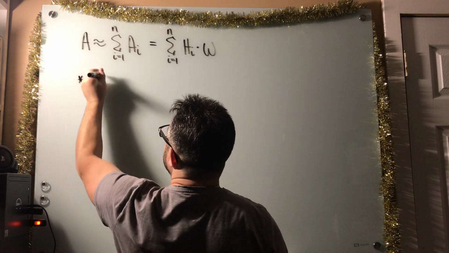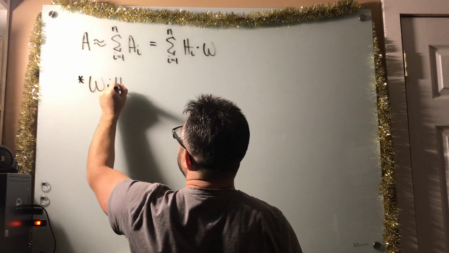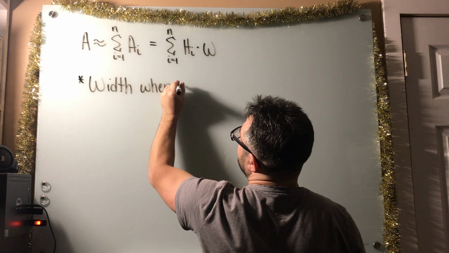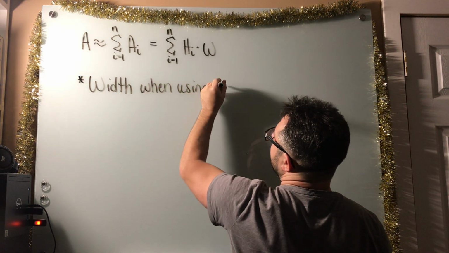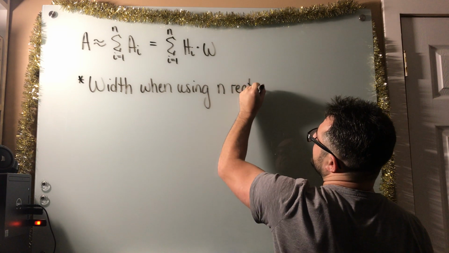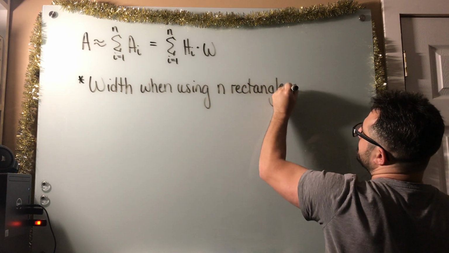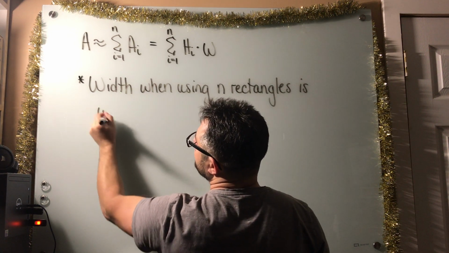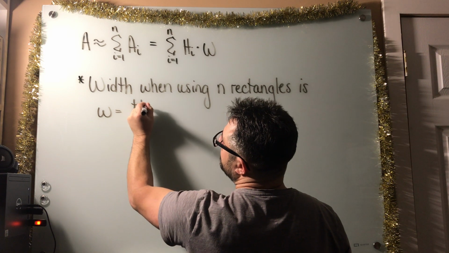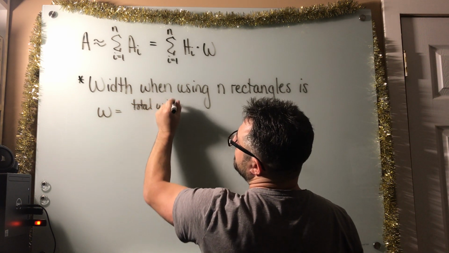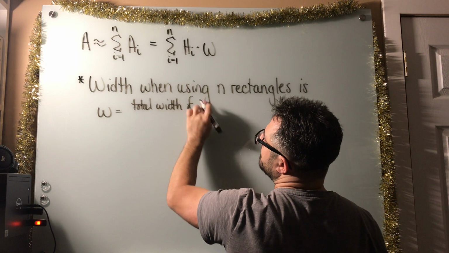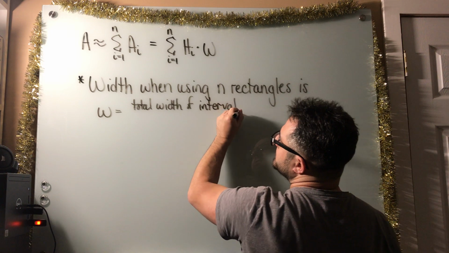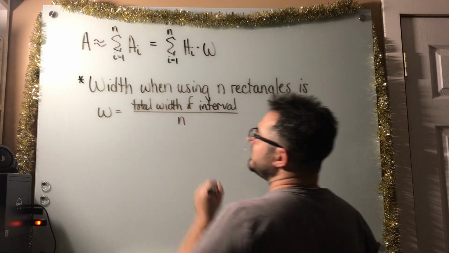So that's the first part: the width when we use n rectangles is the total width of the interval divided by n rectangles.